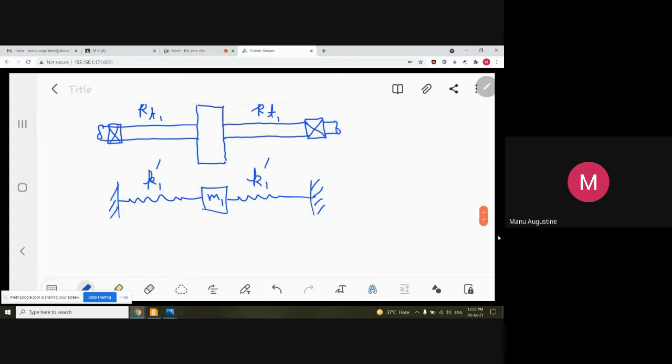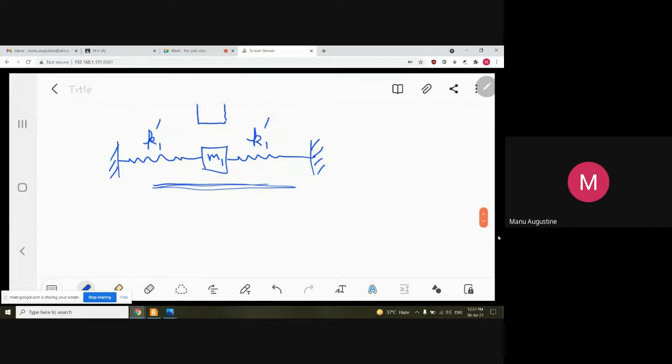Now, how do you convert this spring mass system into a more convenient format? Forget about the rotary systems. Now, as you can see, whenever you have two fixed ends, a mass in between, and then springs on either side of the mass, then you can simply say that the springs are not in series.